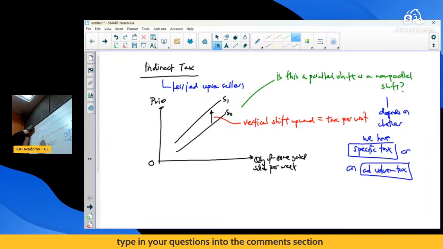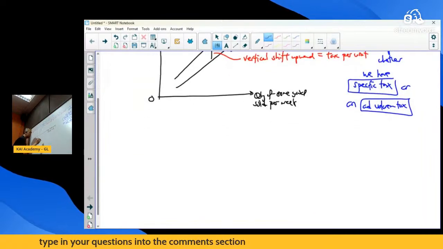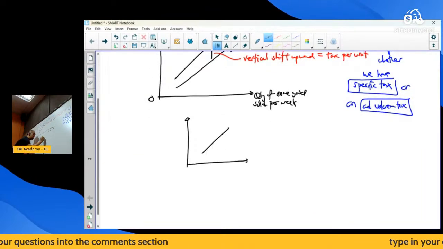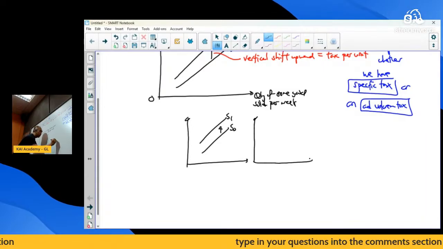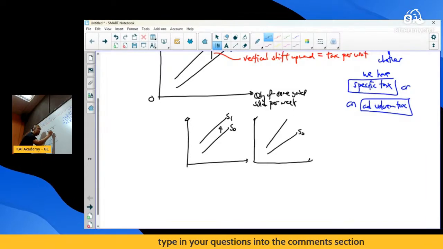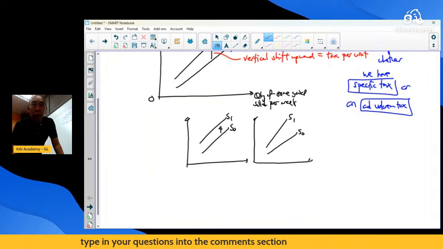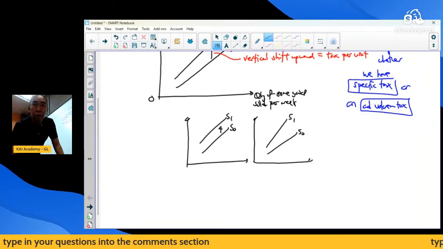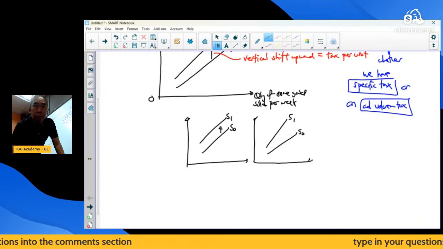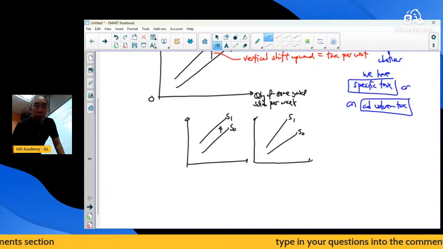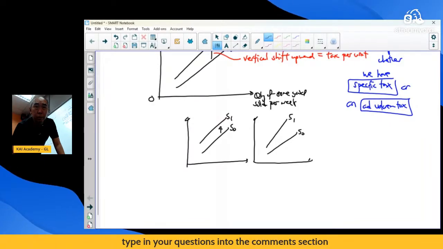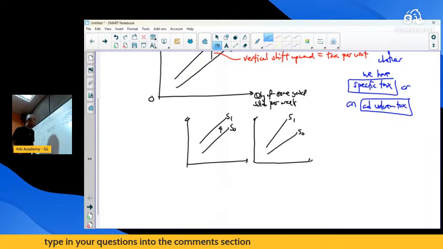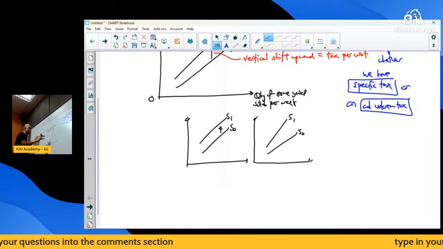Right, so if it's a specific tax, then we will have a parallel upward shift, so S0 to S1. If it's an ad valorem tax, which is a percentage tax, then you have a non-parallel shift. So, all right, this will be how an indirect tax will work.